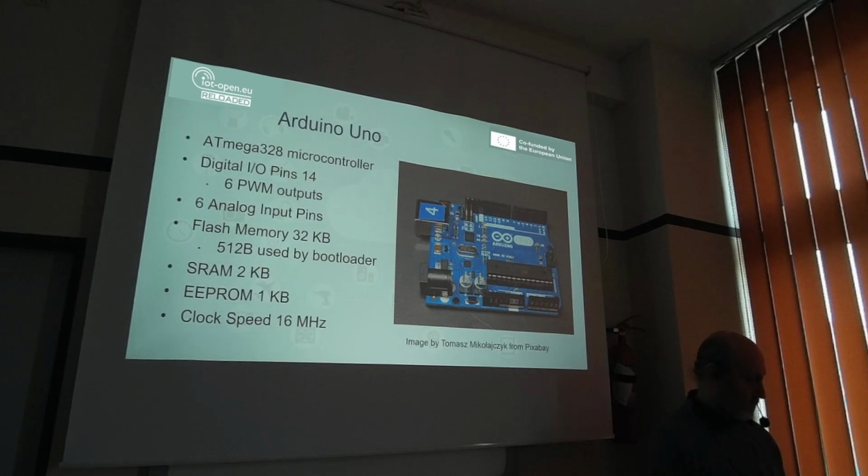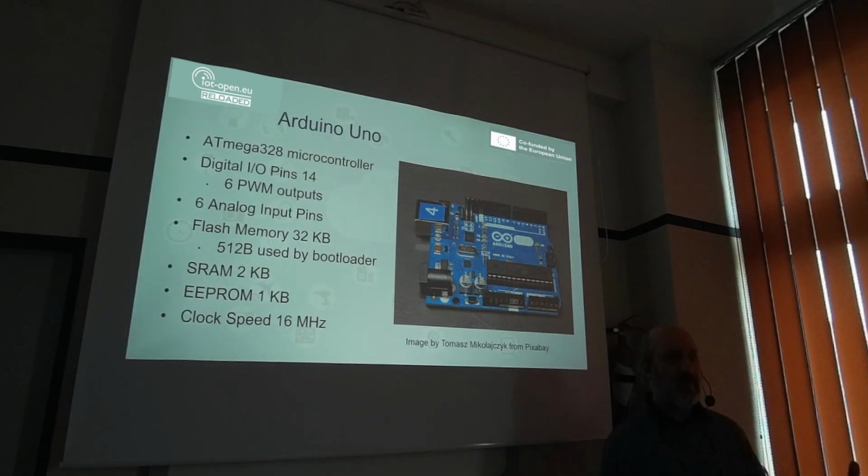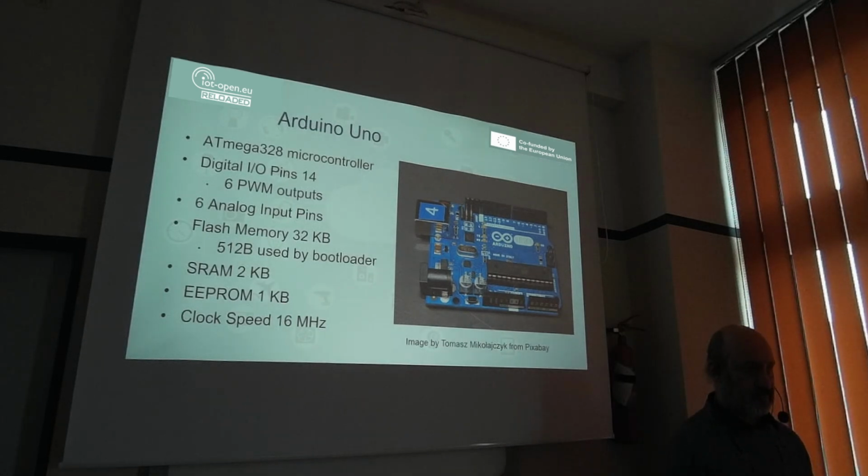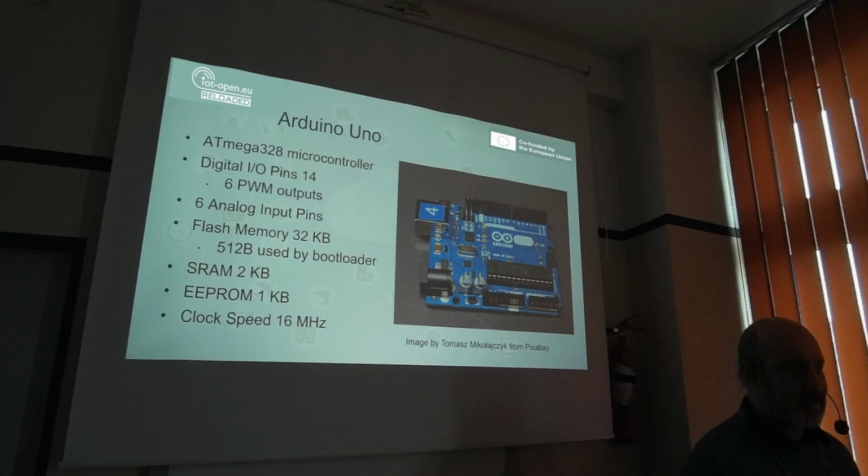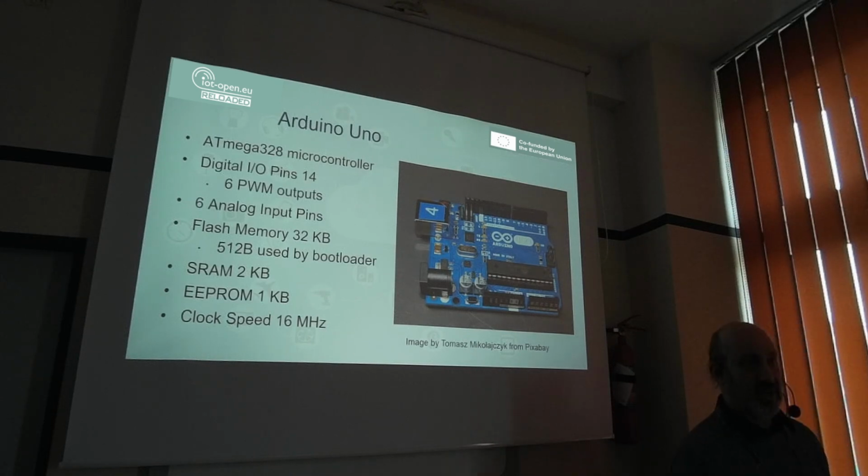It also has some RAM memory for data, 2 kilobytes, and an additional 1 kilobyte of EEPROM memory to store some parameters that should be remembered while the power is off, for example some network credentials or something like this.